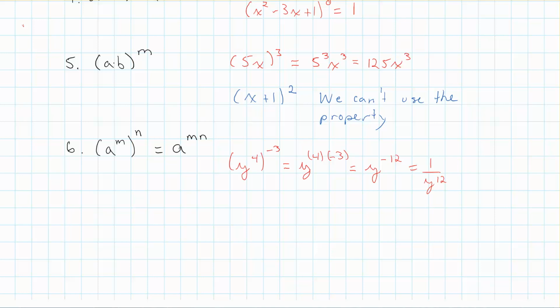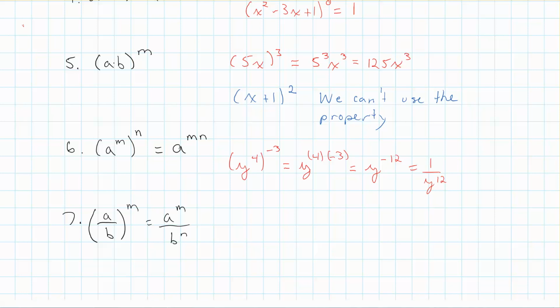Okay, just 2 more exponent rules here. This next one is really just a rehashing of property 5. It's saying that if we have (a divided by b) to the m power, this is the same thing as a to the m power over b to the m power.